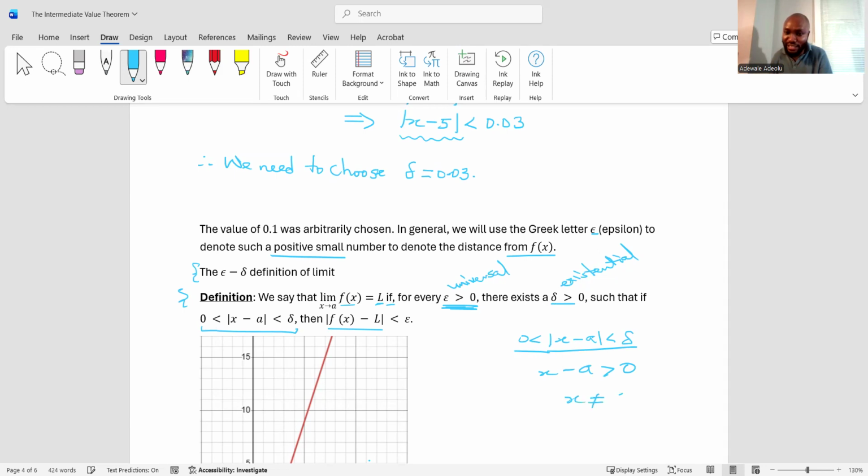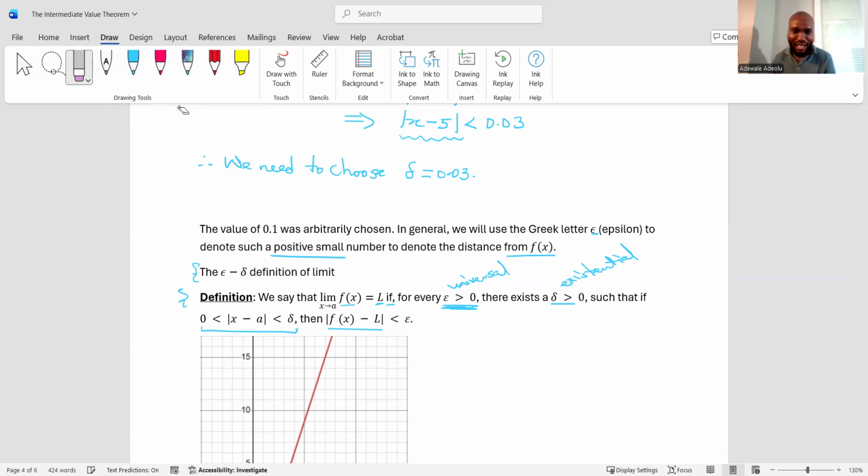That's what we are saying. x cannot be a. And remember from our definition, even our intuitive definition, we were always saying x is not a. We are not interested in x being equal to a. We are interested in checking as x goes closer and closer and closer to a. I hope this is making sense to you.